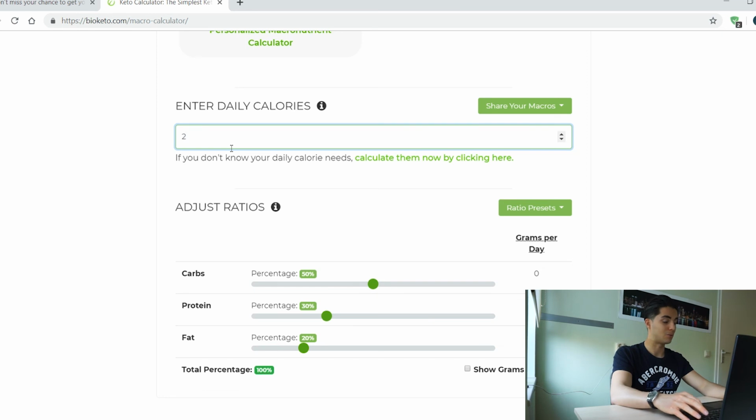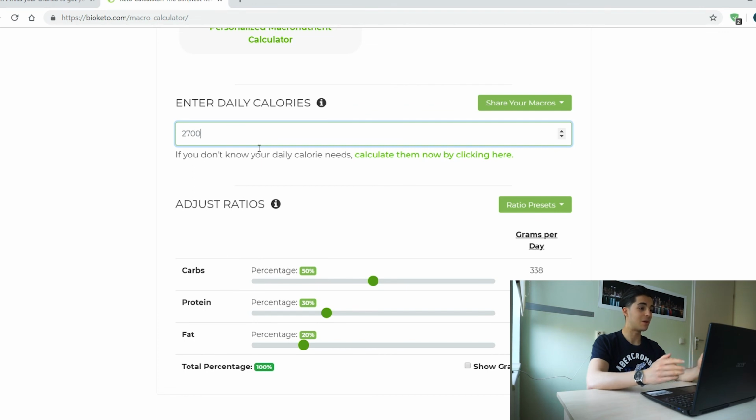Again, a 200 to 500 calorie surplus is a good range for me. So when I would bulk, I would start at around 2700, and as you can see, my macros are getting higher, my carbs especially, and my fats, and a little bit of my protein. So this is what I need to bulk up.